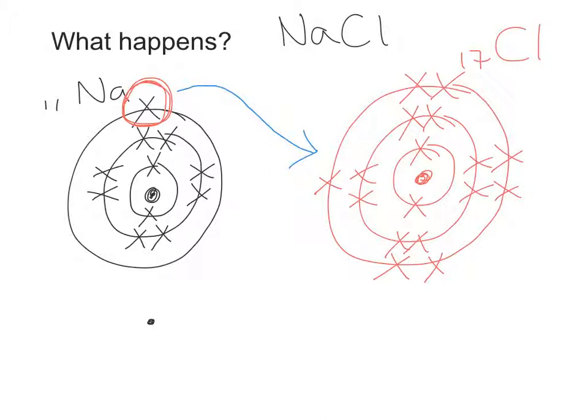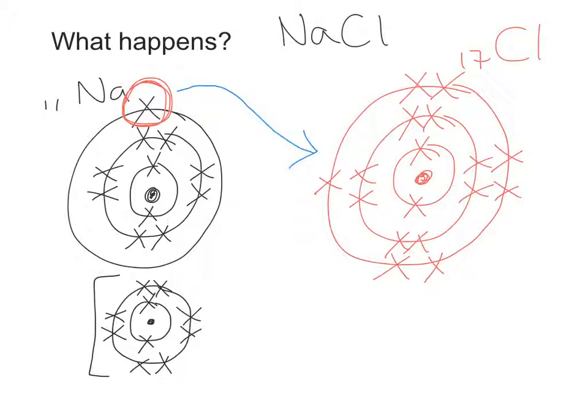Now an ion has a charge. You can find the charges on the reverse of the periodic table on the data sheet. Because sodium has lost a negative charge, it actually becomes positively charged. That's because it now has more protons than it does electrons.